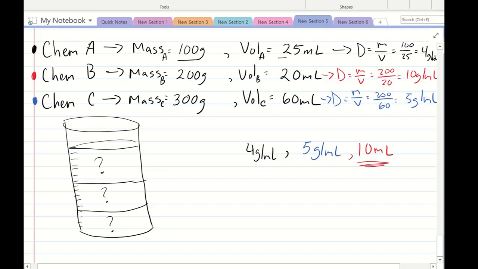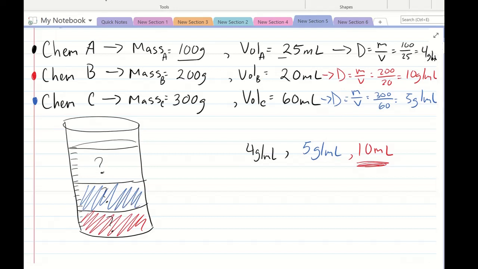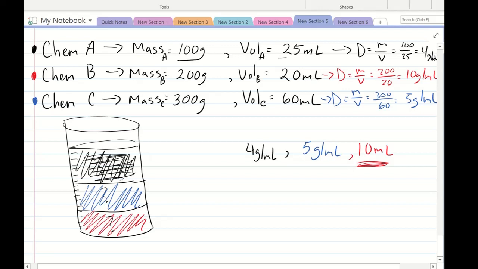Remember, the bigger the number, the higher the density is, the more it sinks. So this is going to be all the way in the bottom. Next, we're going to have the blue in the middle, and lastly, we're going to have the black, right? If you don't have different colors, just write them out, right?